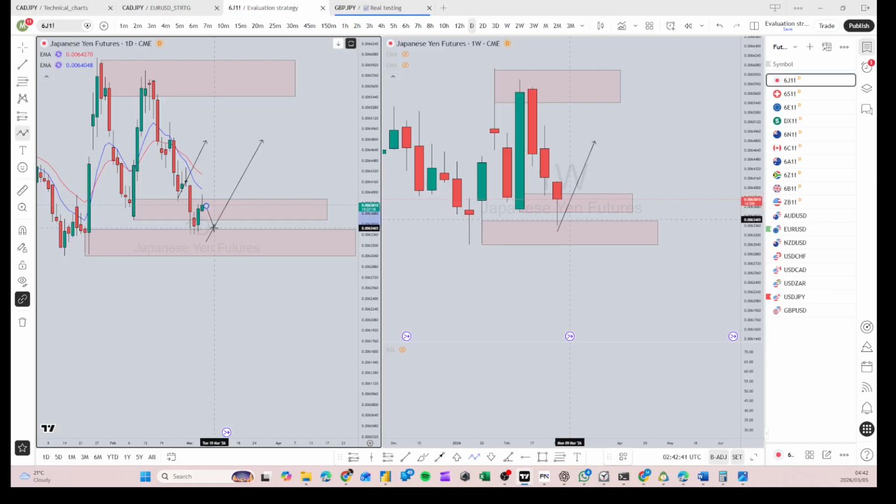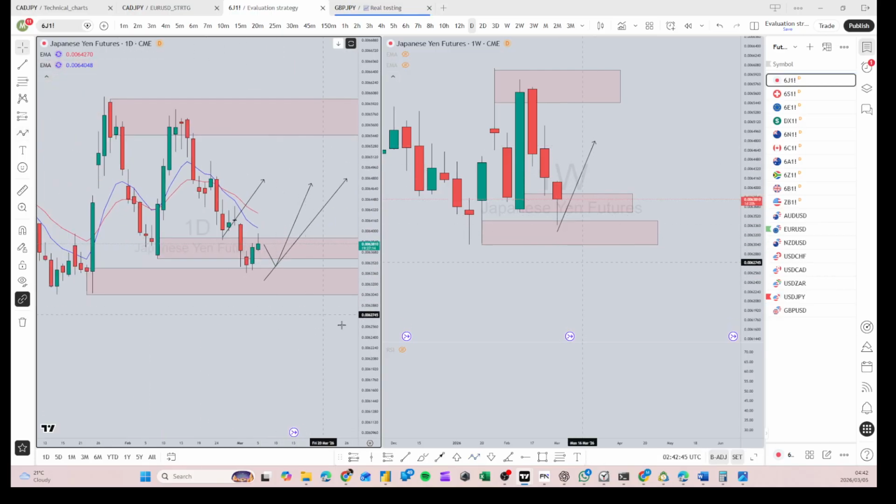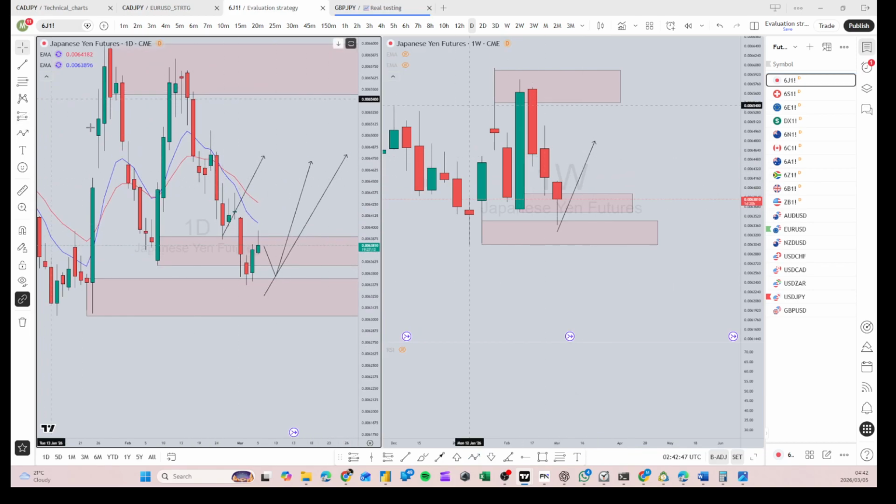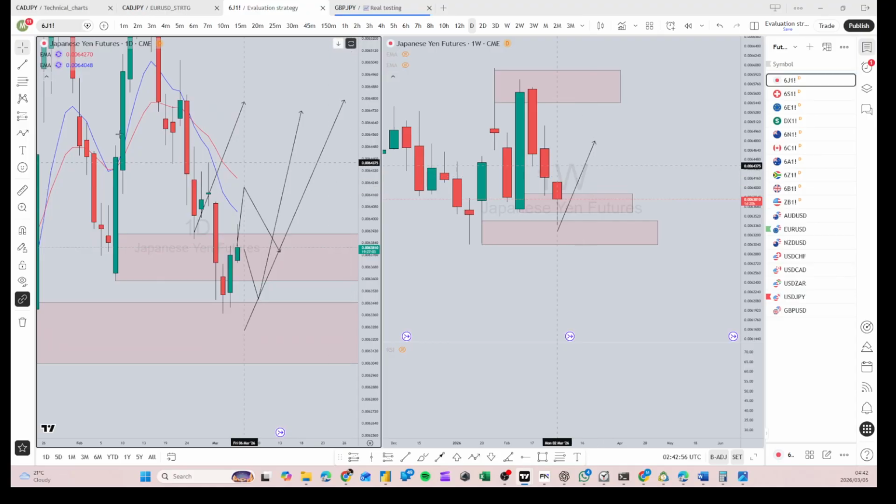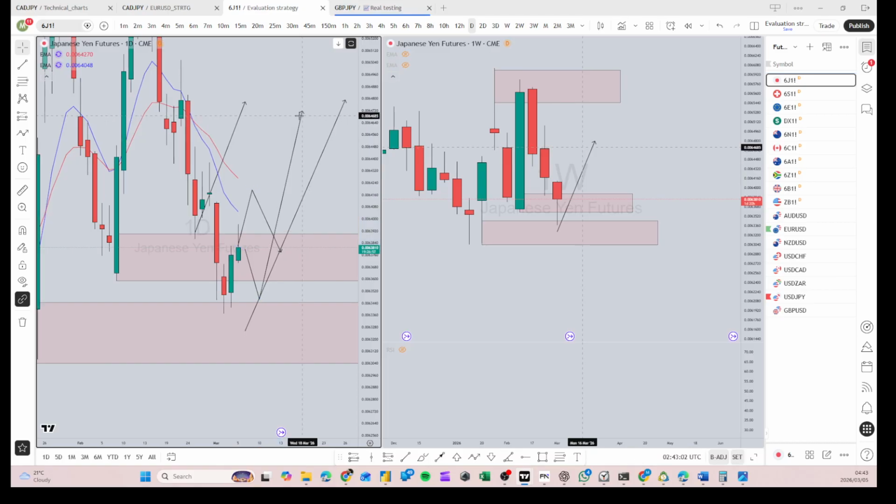I think we might see something going down and then continuation to the downside, or we might just see a move to the upside, at least to this level, something like this. So the longs are still intact. We are looking to take the longs. Everything is going as per the plan.